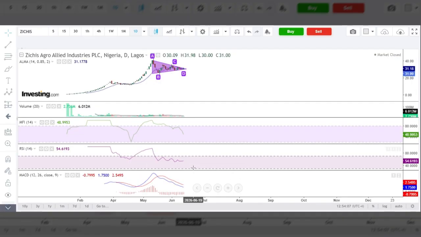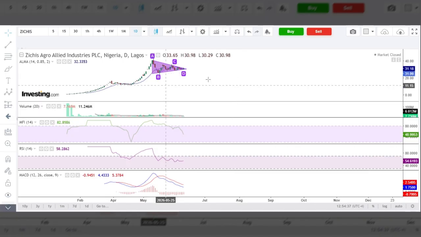Since the market is still showing this bearish signal on the money flow, which also indicates market liquidity, it is still downwards. If you're investing in a stock, it's better you buy at a pullback, let's say at 30 naira, waiting for the price to pull back before it goes on a very strong bullish run.